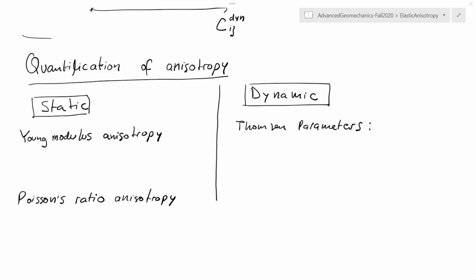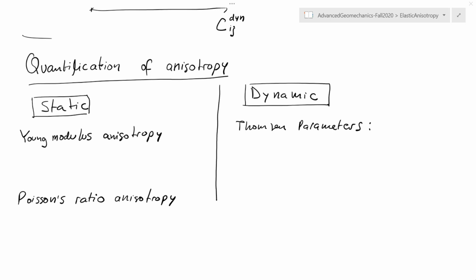Now that we know how to measure anisotropy, let's see some data about anisotropy and what we can learn about how much of an anisotropy is a lot and how much is not too much for both the static and the dynamic properties.